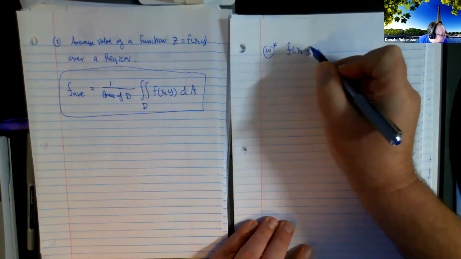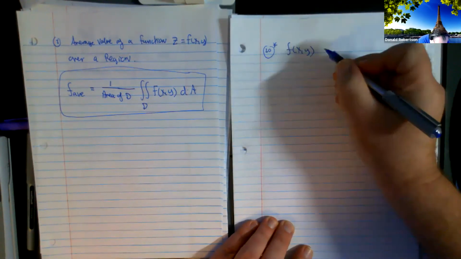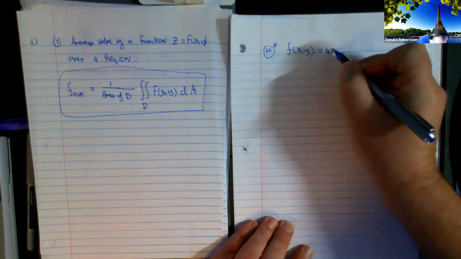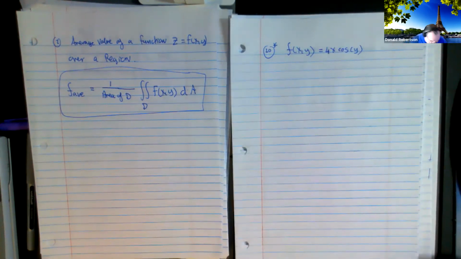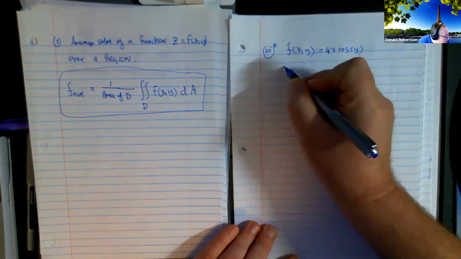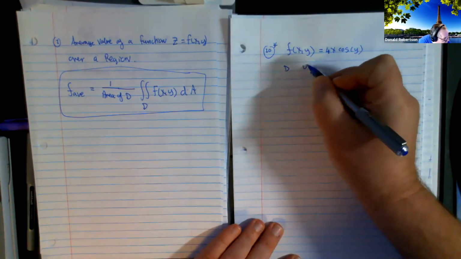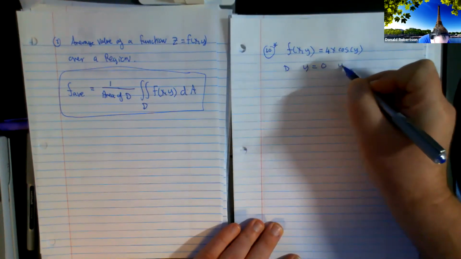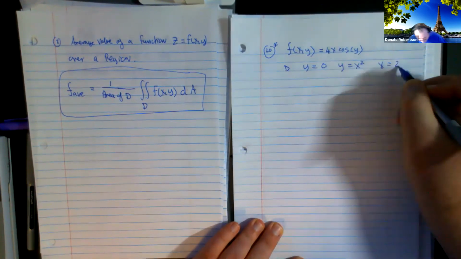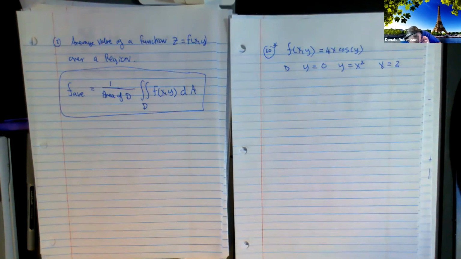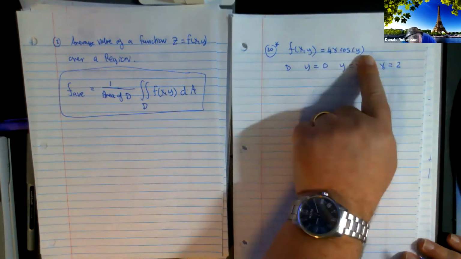Our function, our z function, is going to be 4x cosine y. And the region D is y equals 0, y equals x squared, and x equals 2. And we are going to find the average value of this function in that region.